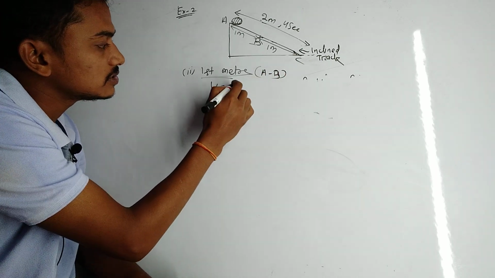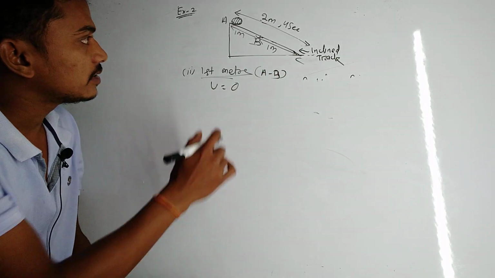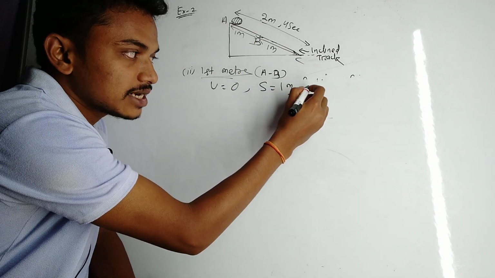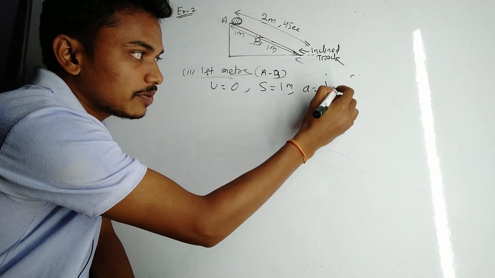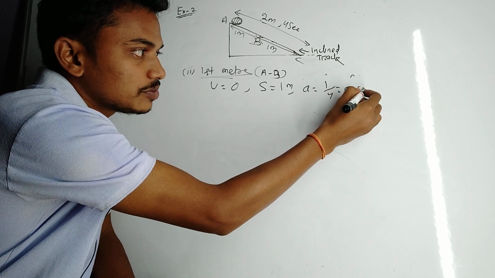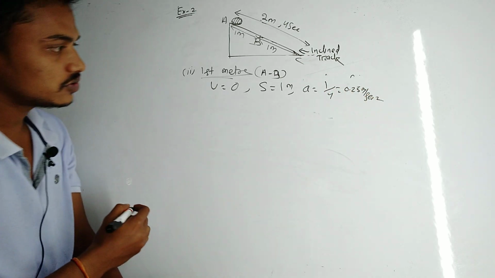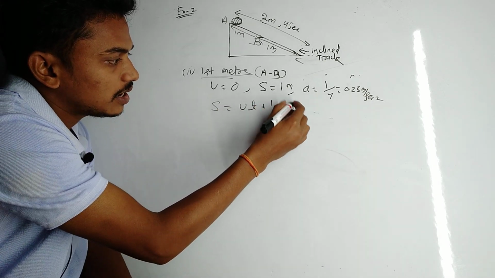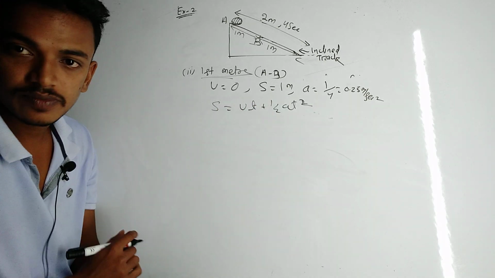Initial velocity is 0, distance s is 1 meter, and acceleration we found is 1 by 4, that is 0.25 meter per second square. So you can use again the relation s equals ut plus half at square.